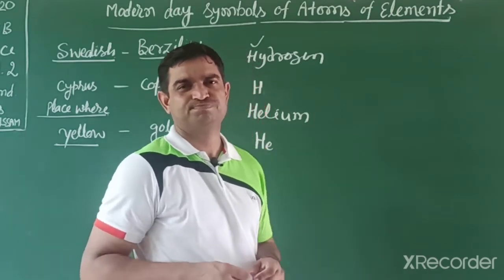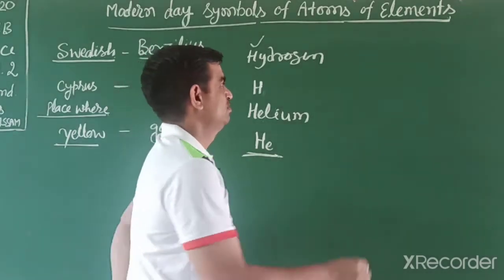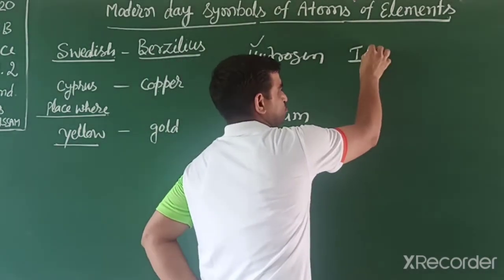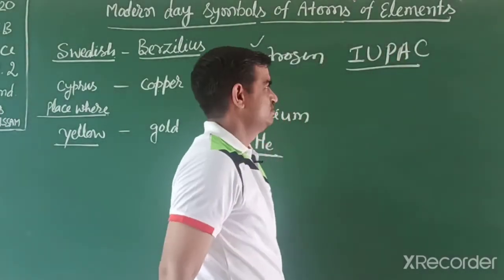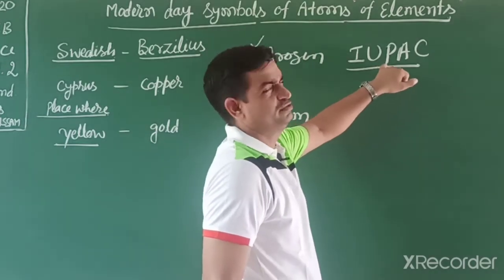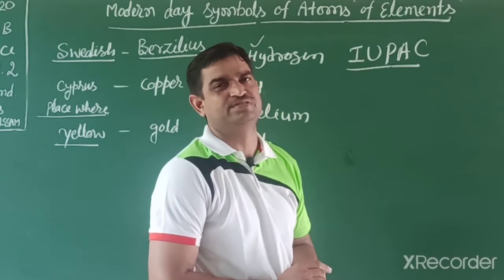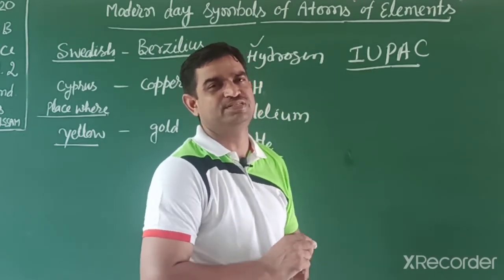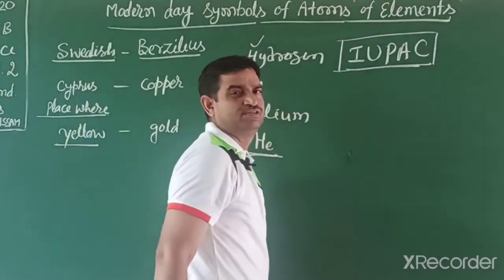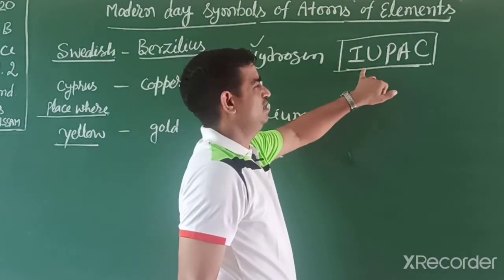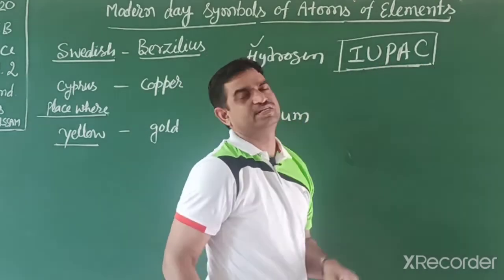So a new institution, IUPAC, that is the International Union of Pure and Applied Chemistry, decided the names of all the elements. Students, write its full name: International Union of Pure and Applied Chemistry.